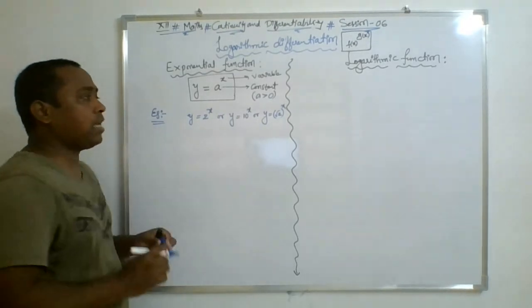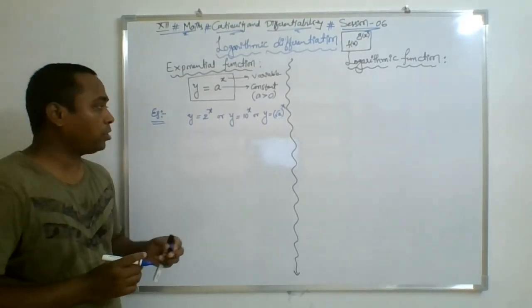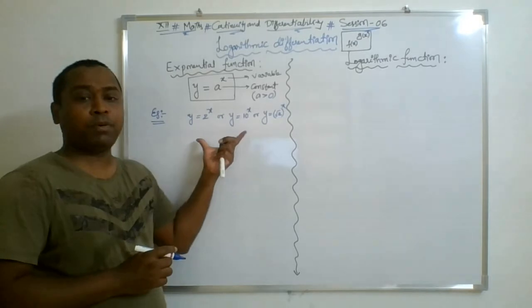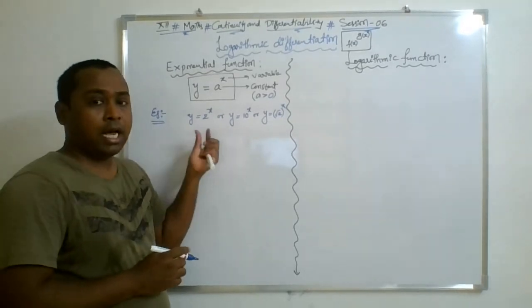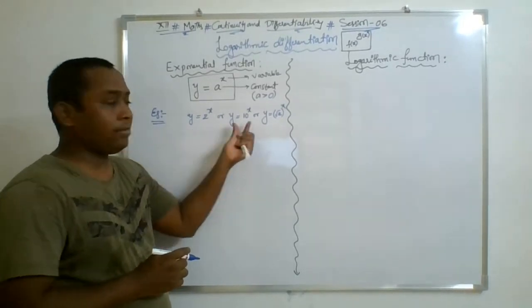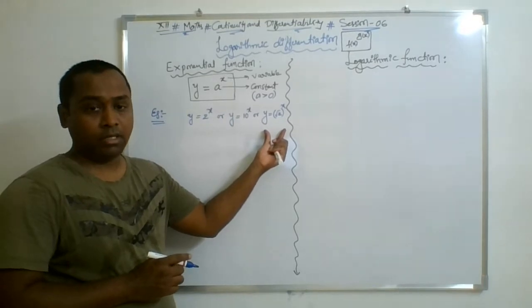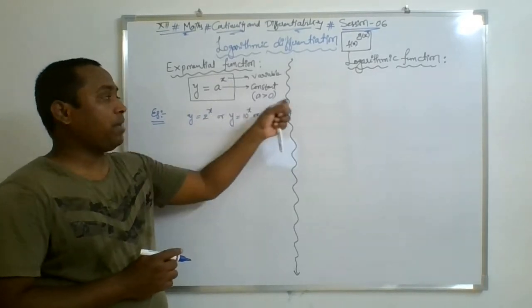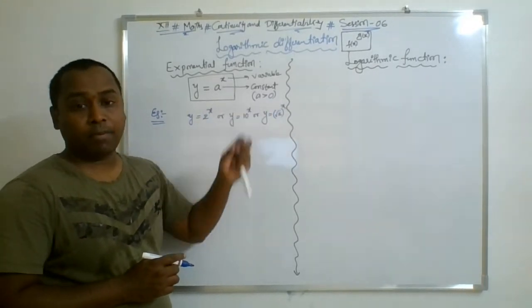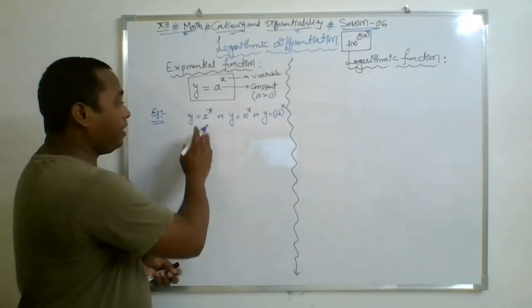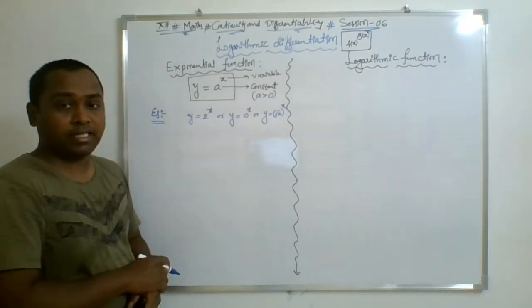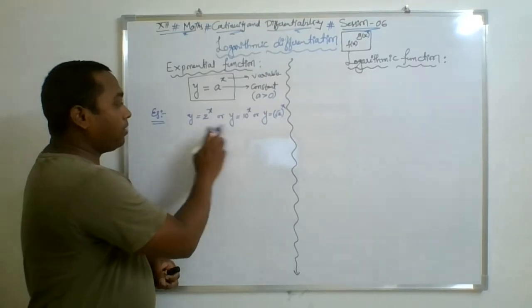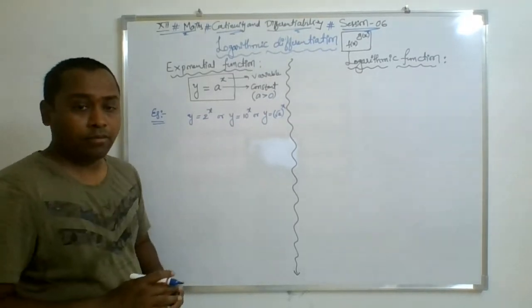These are a few examples of exponential functions. You can see that while I am speaking about the exponential function, I am taking the base as a positive real number and x may be any real number, that is, the power may be any real number. So when we take these examples, you will get the value of y as always positive.